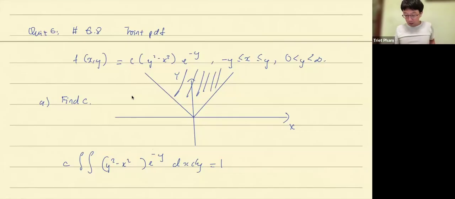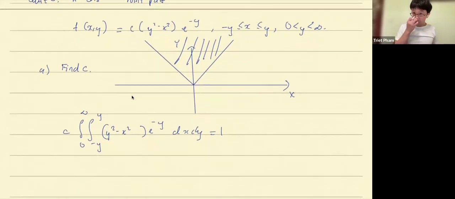So if you do dx dy, then first we integrate with respect to x, so we may be able to avoid it. Who knows? But let's see what it takes. If you do dx dy, it's also kind of nice because x goes from minus y to y, and y goes from 0 to infinity.